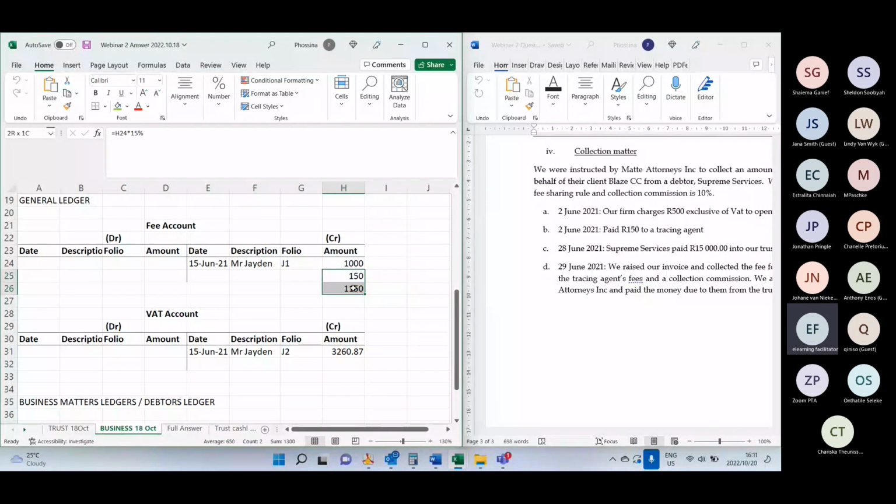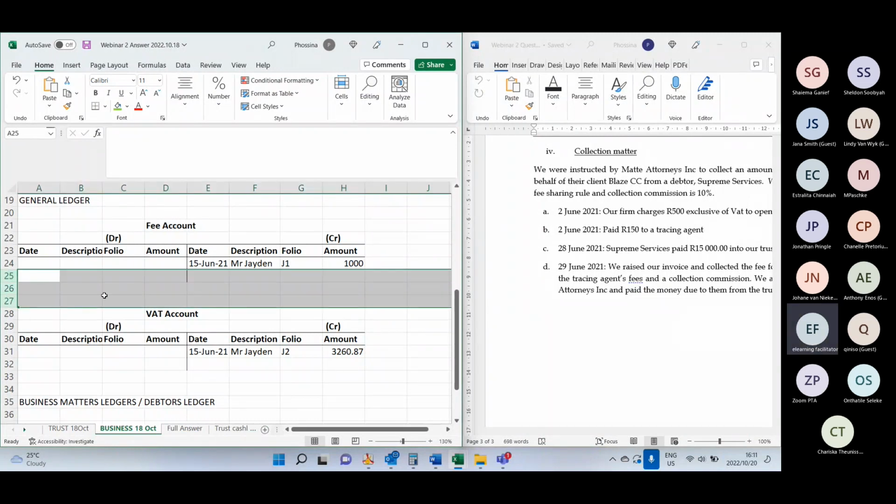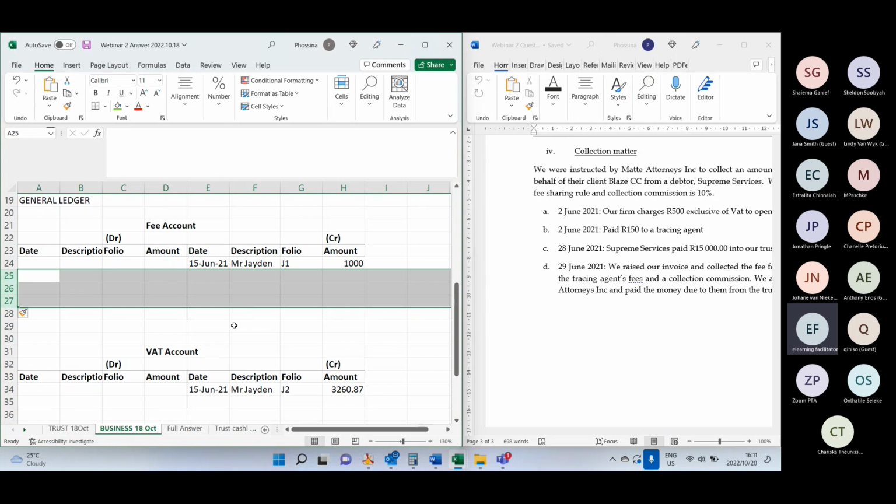It has got a fee element. We come back to our ledgers that we were creating the other day. We are doing a continuation. Remember, it's the same firm, so our fee ledger should show all our matters in that fee account.